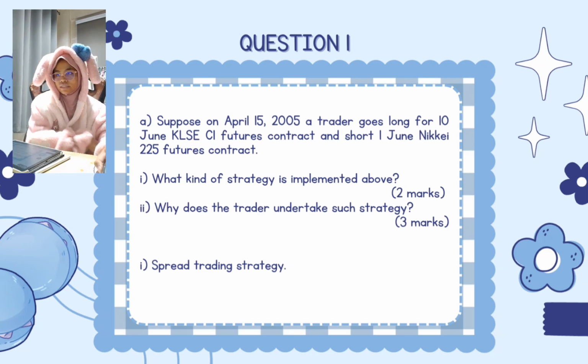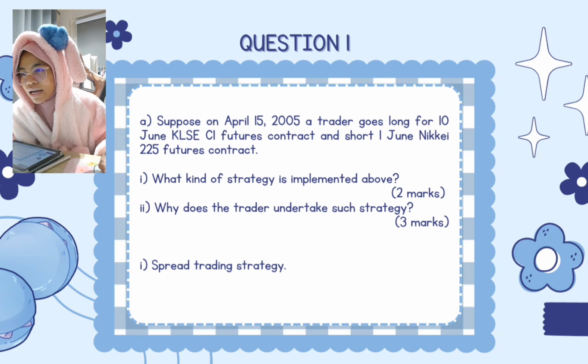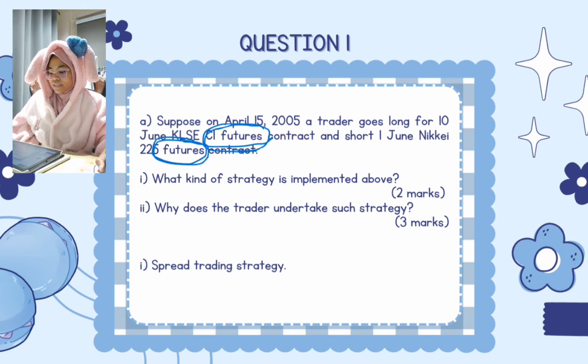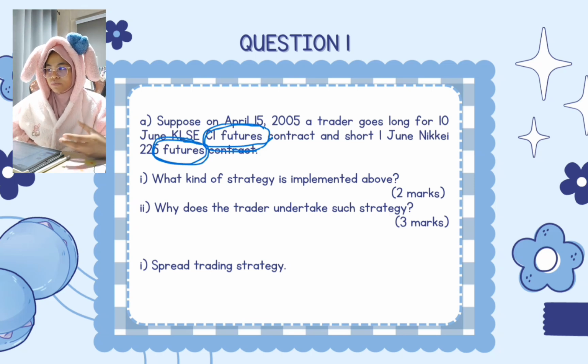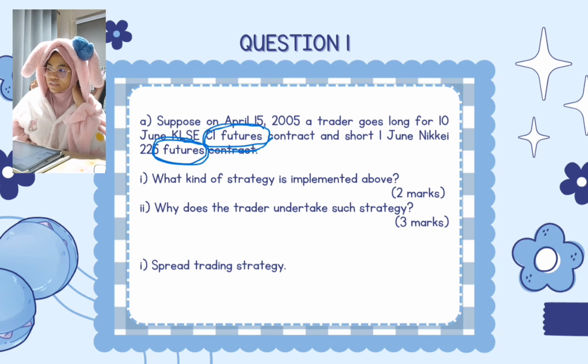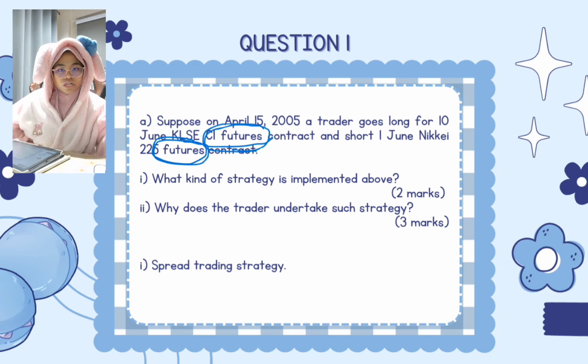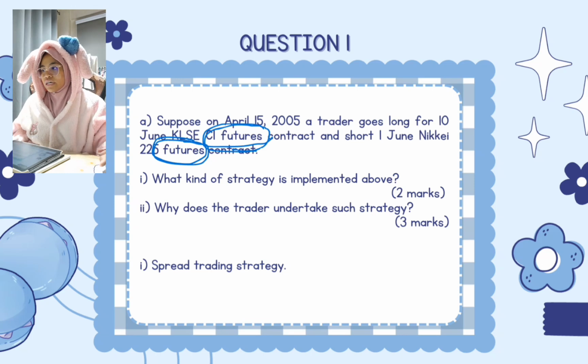So I'm going to underline this, wait, I'm so sorry, I will bullet futures and futures. So when this is futures, it means this is a spread trading strategy, because a spread trading strategy involves taking positions in futures contracts of two different underlying indices.